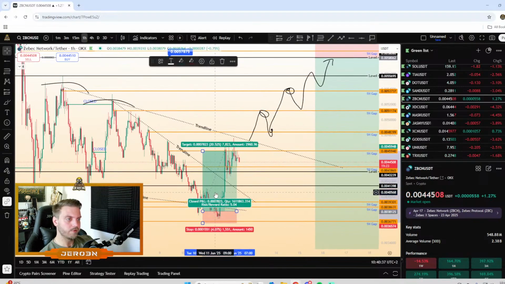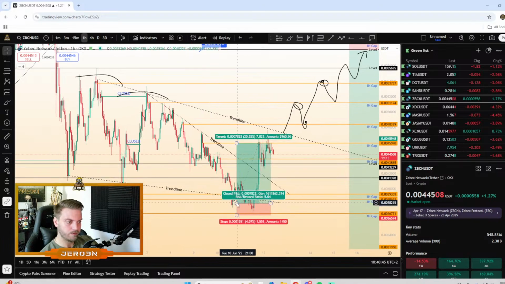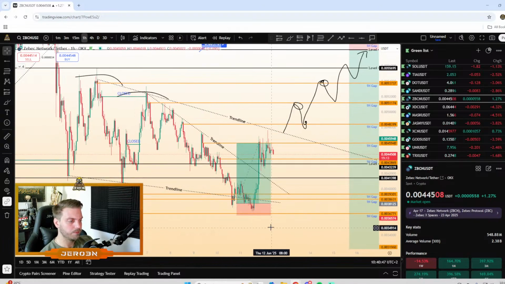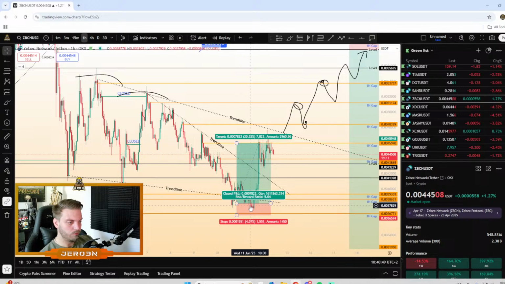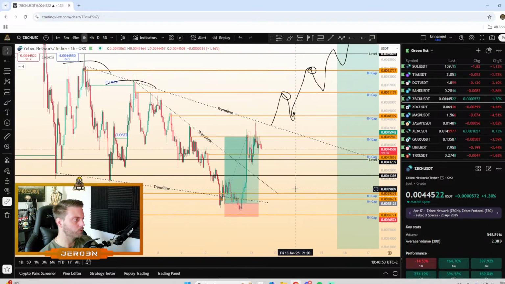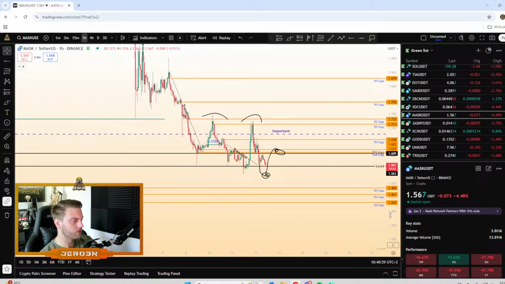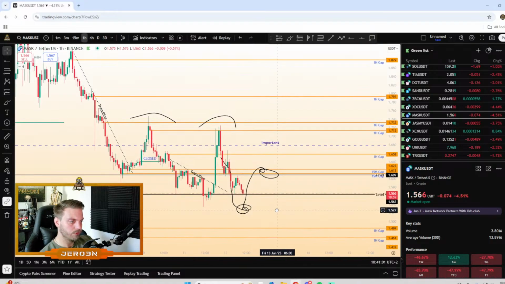So nice trade, 20.5%, based on these first two confirmations here, where it entered with a wick on the hourly. You would have been 4 hours in red until it pushed through. We have mask, which someone was interested in earlier.